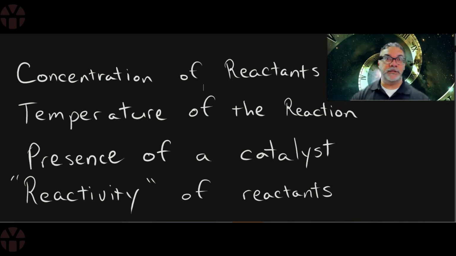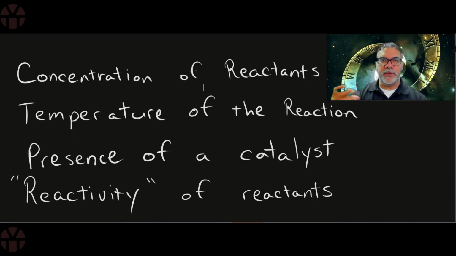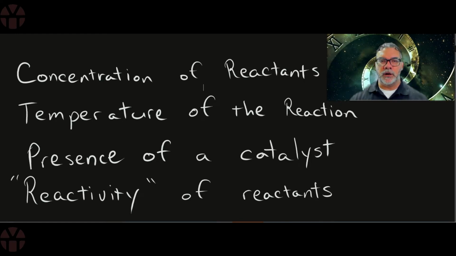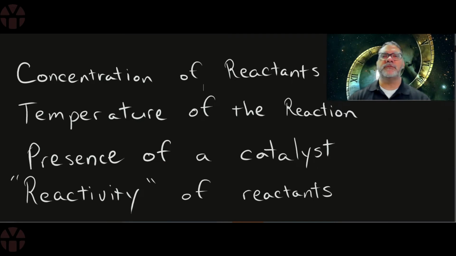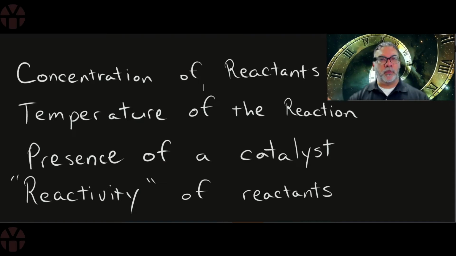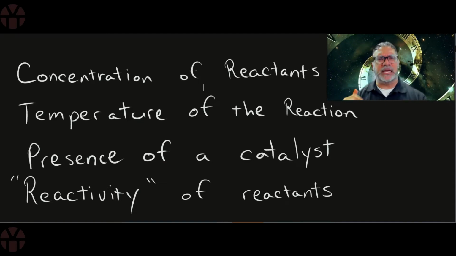If I take those same 10 particles of A and 10 particles of B and I now put them into a large stadium-sized container, well, we're going to be there forever waiting for A to find B. So concentration of reactants, we'll speak more into this, but that's one that you should already be able to look at and think, makes sense, right?